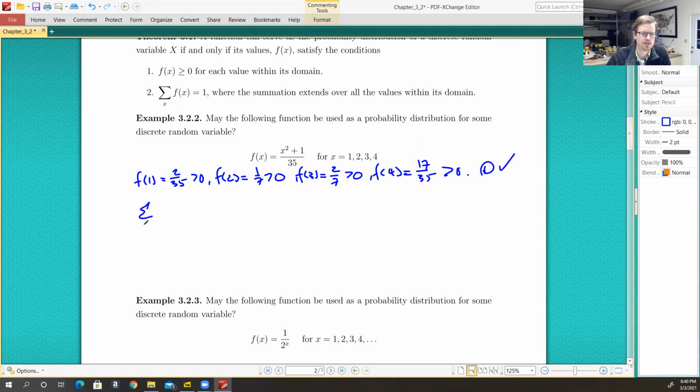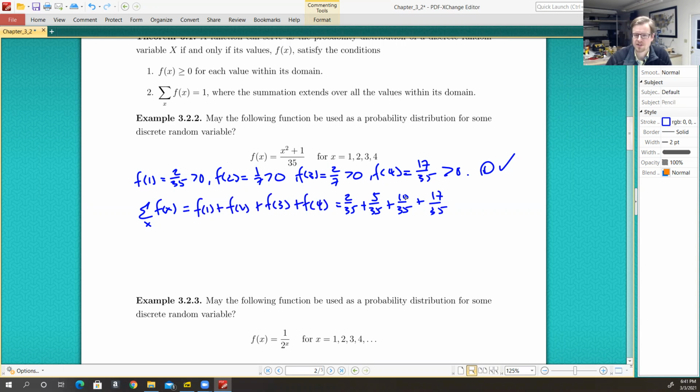Now we want to consider the sum of the function values over all possible values of the discrete random variable. So that's just saying, what's f of 1 plus f of 2 plus f of 3 plus f of 4? And we already calculated these, right? That's 2/35 plus 5/35 plus 10/35 plus 17/35.